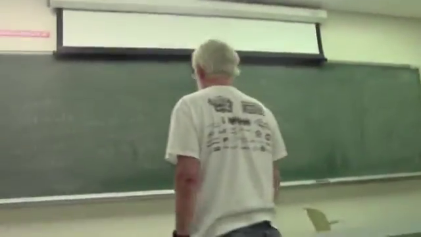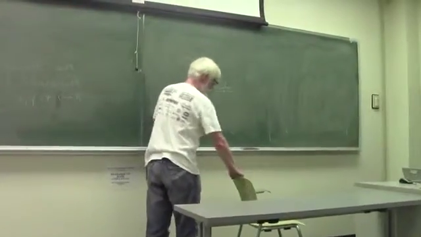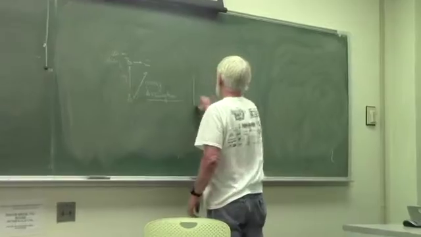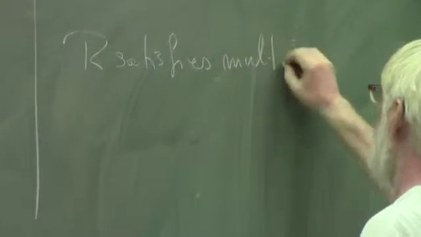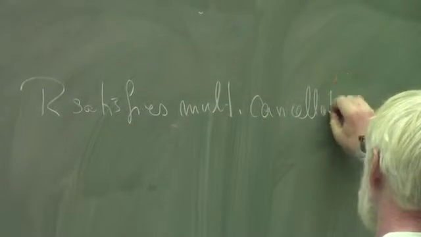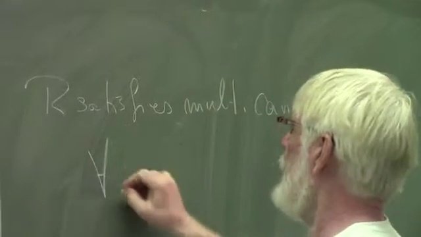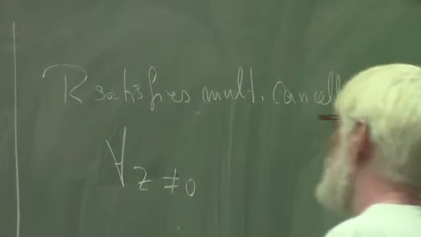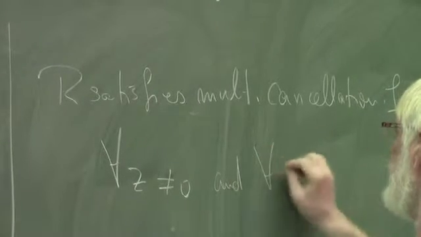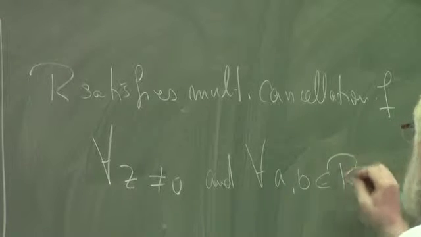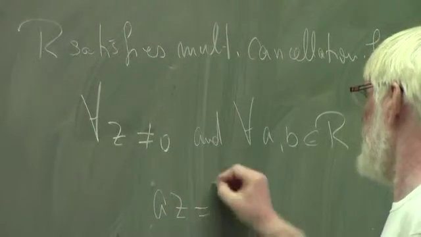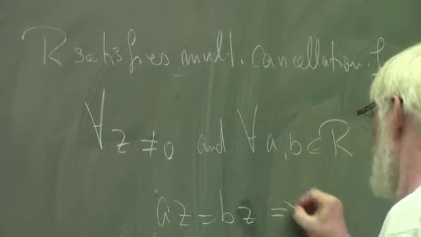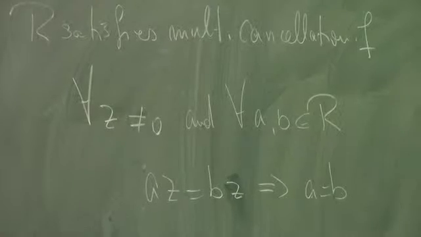Right, so cancellation meant that R satisfies multiplicative cancellation if for all z not equal to 0 and for all a, b in R, az equal to bz implies a equals b, right?